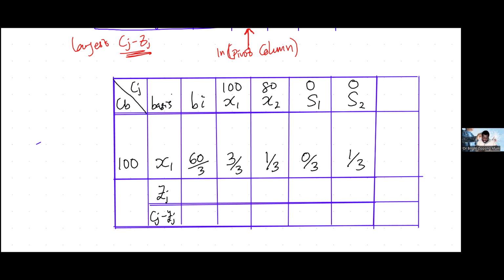So now how do we get the new row for the first constraint? The base S1 is still in solution here, and the corresponding S1 here is 0. So we still bring our 0 here. The solution here was 80.